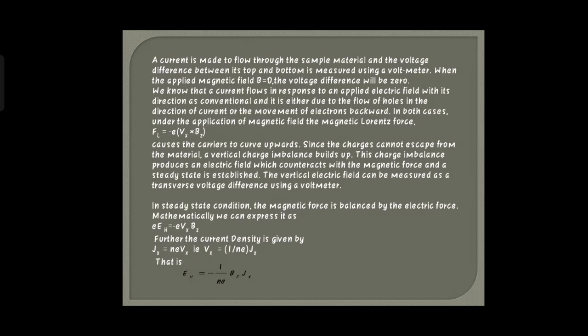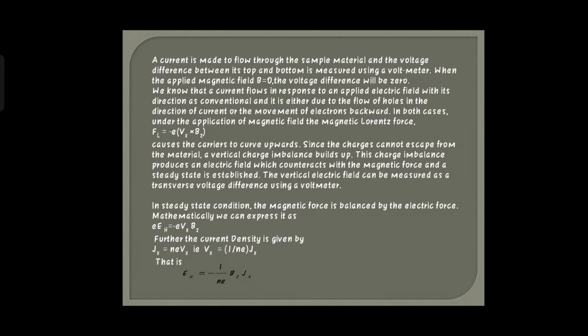This causes the carriers to curve upwards. Since the charge cannot escape from the material, a vertical charge imbalance builds up. This charge imbalance produces an electric field which opposes the magnetic force, and a steady state is established.